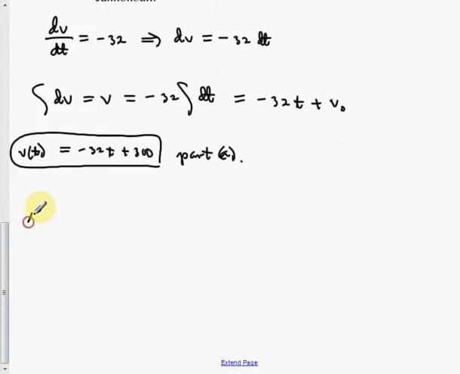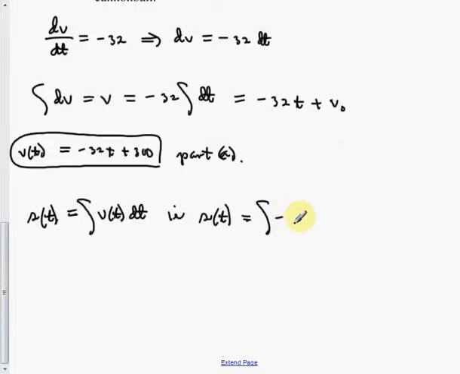So here, s of t, what we're solving for, is equal to the integral of v of t dt. That is, s of t is equal to, we had solved for part A this velocity equation, so this is equal to the integral of negative 32t plus 300 dt.